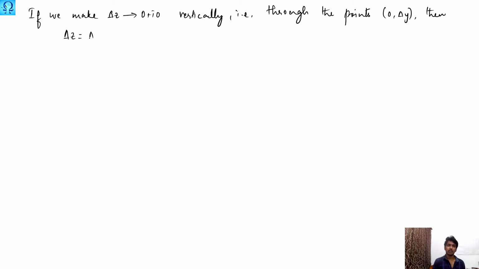It is delta x plus iota times delta y, and that happens to be 0 plus iota times delta y, and that is simply iota times delta y.